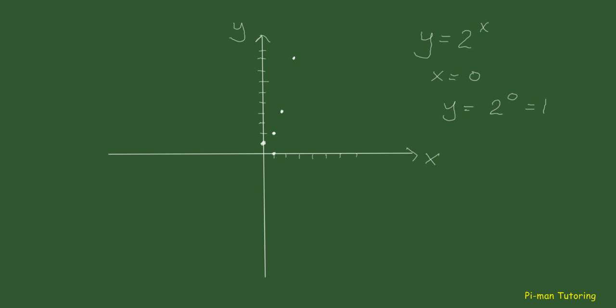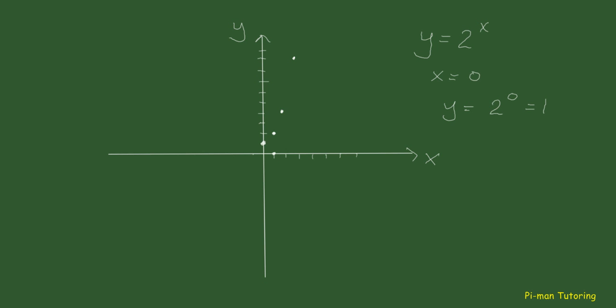That may be a little bit counterintuitive. People tend to think that anything to the power of 0 would be 0, but in fact, anything to the power of 0 is 1. So all of the exponential functions pass through the point 0, 1.